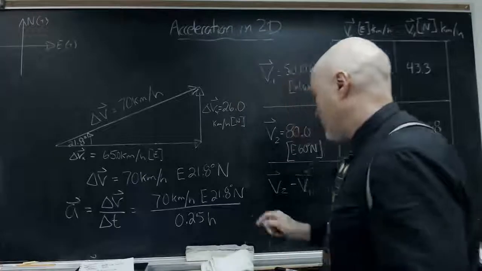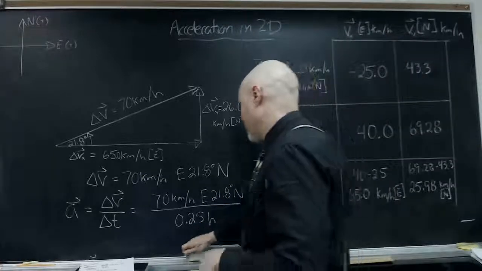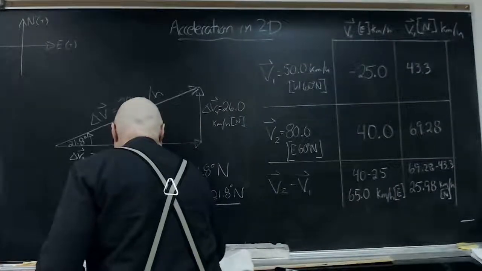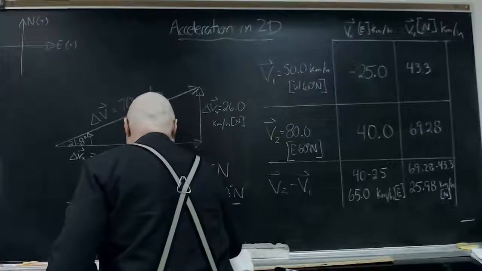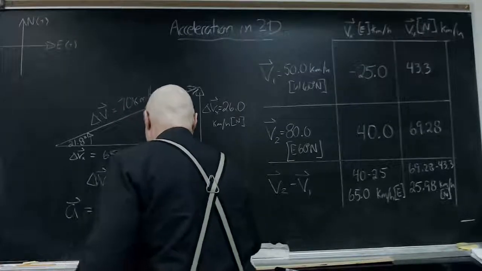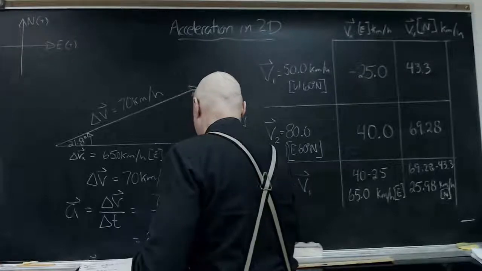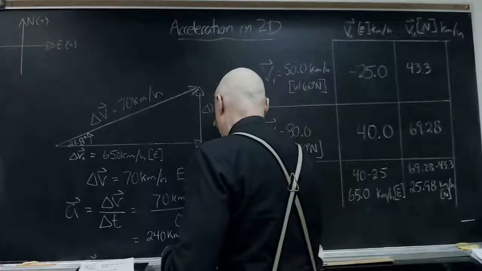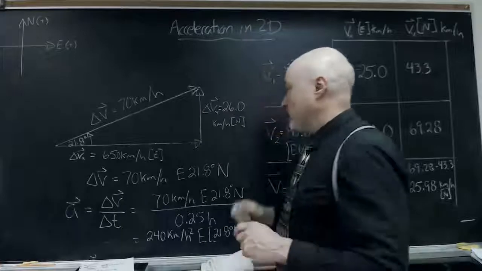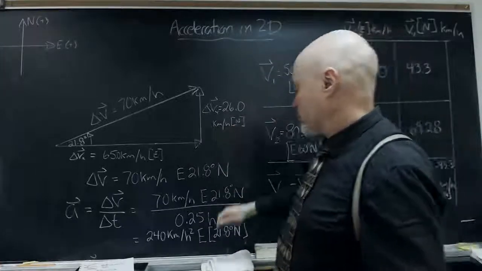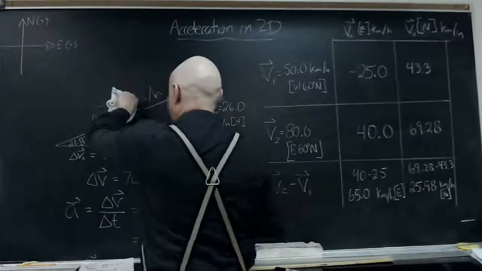And so 4 times 70 is 280. So it's 280 kilometers per hour squared east, 21.8 degrees north. And if I go back and check, the original problem actually specified there were 3 significant digits in each of these.